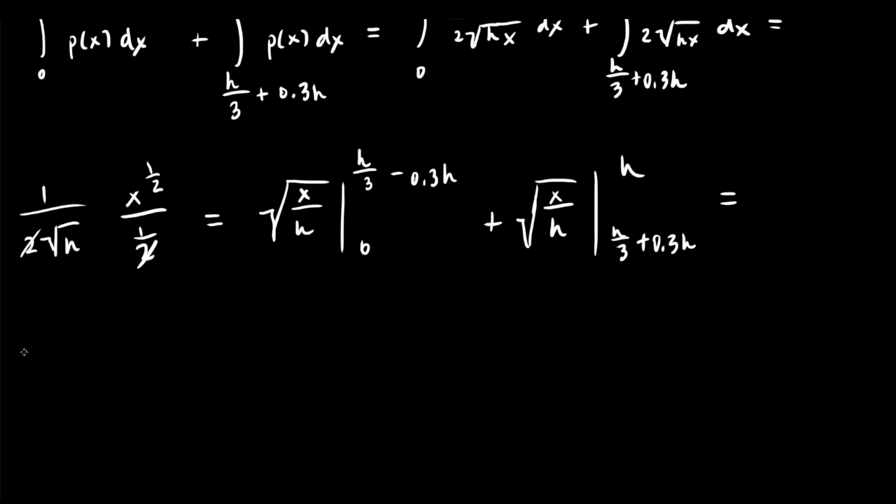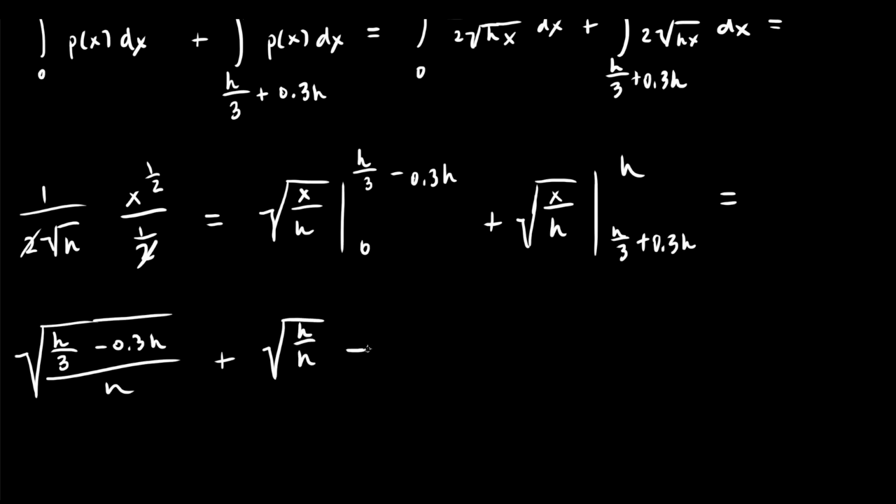And then when we plug all of these in, we don't have to worry about the initial since it's 0 here. So we get the square root of h over 3 minus 0.3h over h, and then plus the square root of h over h minus the square root of h over 3 plus 0.3h over h. And luckily all the h's cancel out.